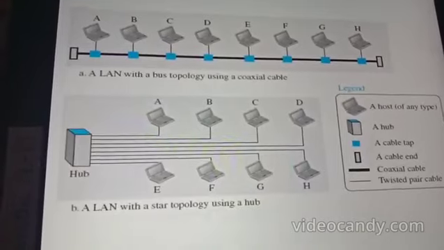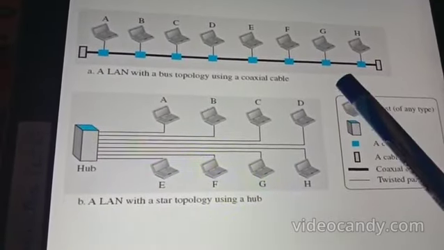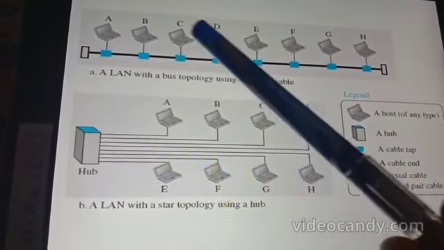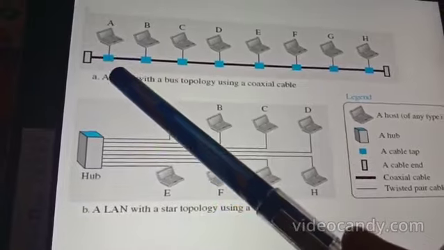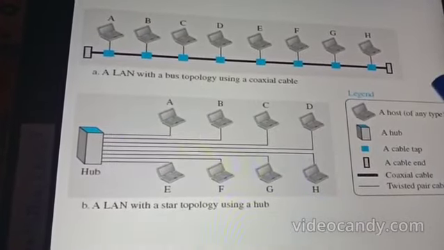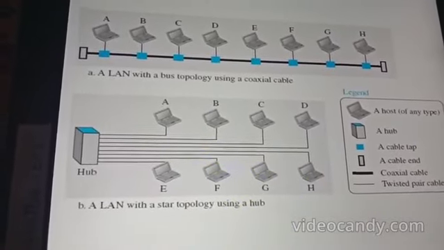Now these are some of the topologies of Ethernet LAN. This is a LAN with bus topology using a coaxial cable where multiple devices are connected using a drop line and a tap, and these are the terminating ends of the bus network.